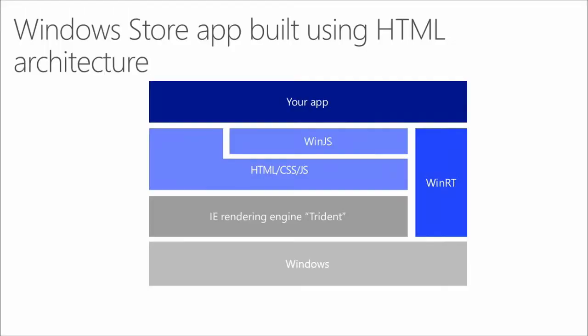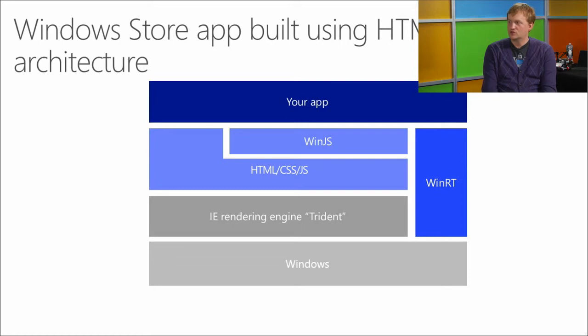Talking a little bit about the structure of an app. So in essence, we start with our app. So this is our HTML5 and JavaScript code at the very top. And then we have access to WinJS as a library, or as we mentioned before, any other library, even Babylon.js. Even Babylon.js can be used inside of an HTML5 app. I have a demonstration for that. We then have access to the WinRT object.